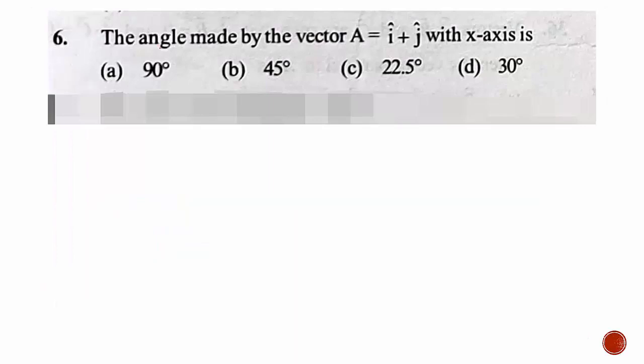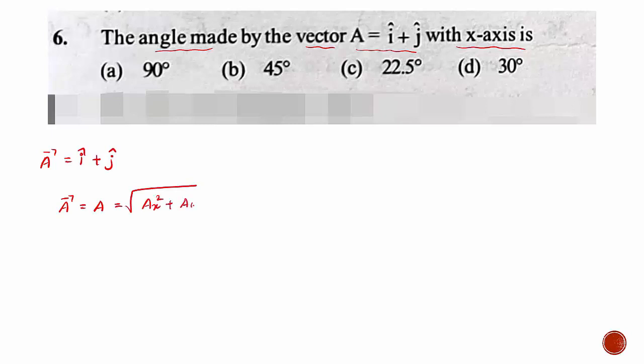Sixth question. The angle made by vector A equal to i cap plus j cap with the x axis is? Here it is given vector A equal to i cap plus j cap. According to unit vectors, because here it is given i cap and j cap, the magnitude of the vector is given by the formula: A equal to root of ax square plus ay square.